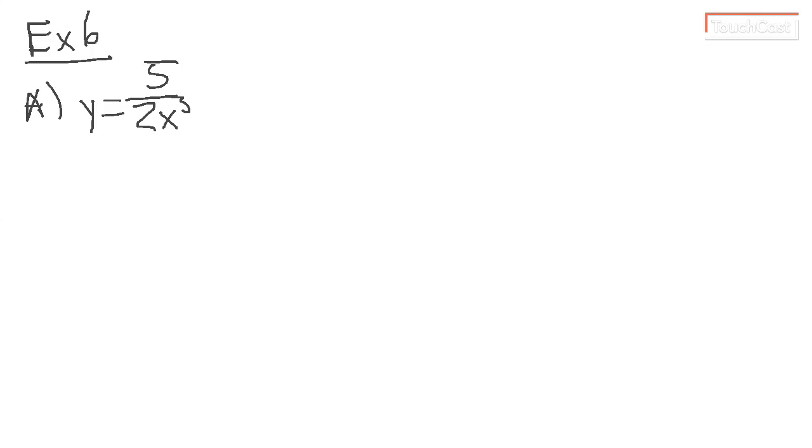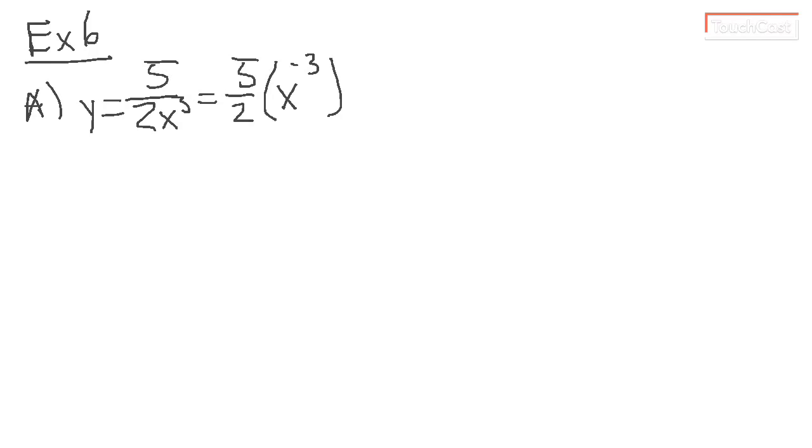Now we're going to start by rewriting this. We're going to write it as 5 halves, the constant parts, and then we're going to put some parentheses with our x, but if we're bringing that x to the 3 out of a denominator, we have to now make it a negative 3. So we've rewritten it. Now we're going to find the derivative.